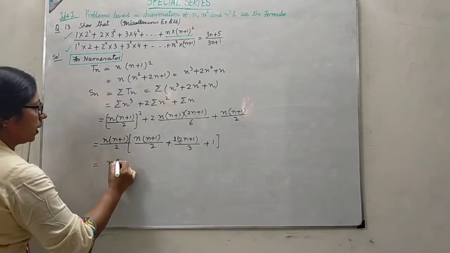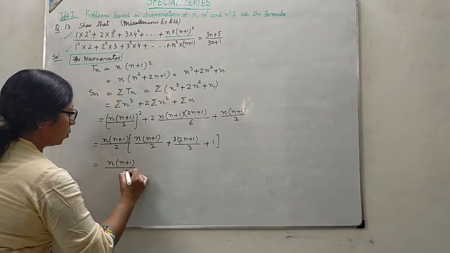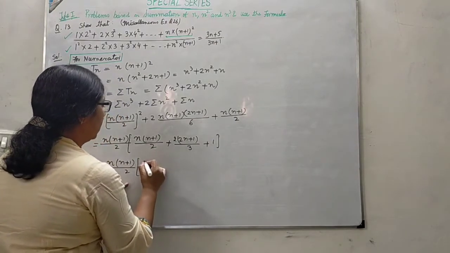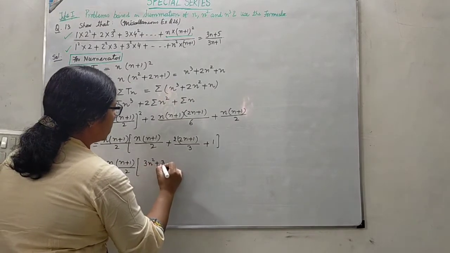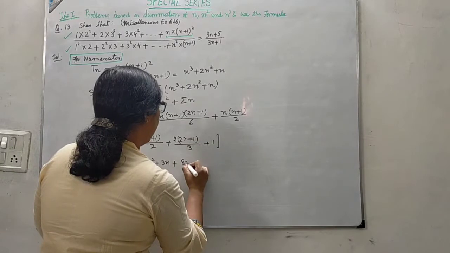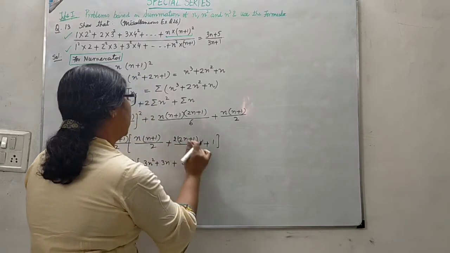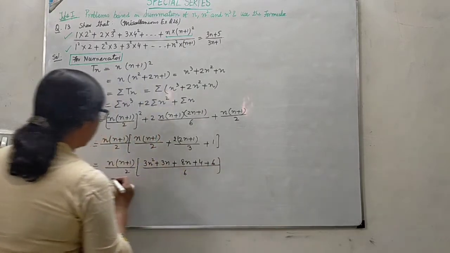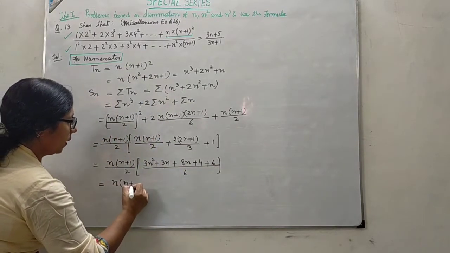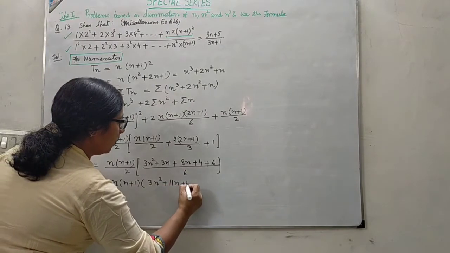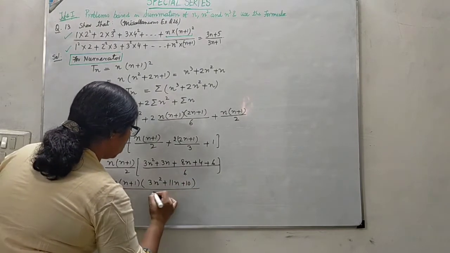So we are left with n into n plus 1 by 2, and this is your, by taking LCM, 6. This is 3n square plus 3n plus 8n plus 4 plus 6 divided by 6, that comes out to be n plus 1 into 3n square plus 11n plus 10 upon 12.